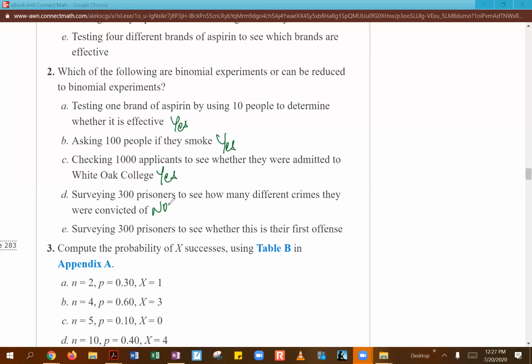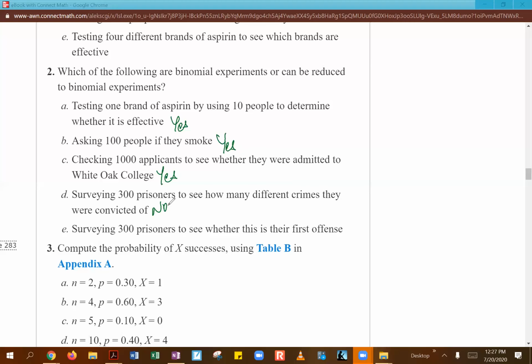Yeah, there are so many different types of crimes they could be convicted for, right? It could be Grand Theft Auto kind of thing. It could be obviously murder or homicide or that kind of thing. So there can be so many different reasons, burglaries and stuff like that, why they ended up in prison. So that would be no.